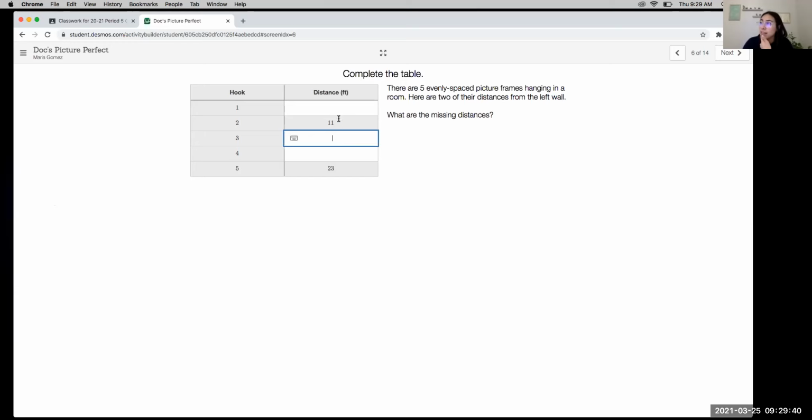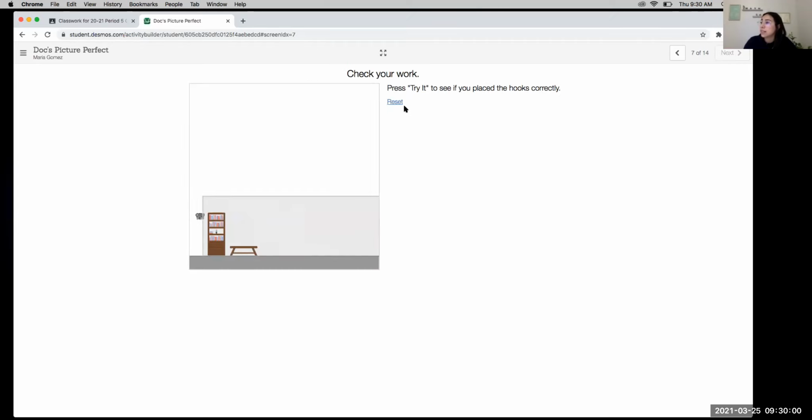All right, let's say I'm going to try those 2s. Actually, I'm going to go up by 3 since I already tried 2s and they didn't work. So 11 plus 3 is 14. 14 plus 3 is 17, but 17 plus 3 doesn't get to 23, so that doesn't work. But if you weren't really paying attention to that, you're just trying numbers, that's fine too. You can fill this in and then go to next and click try it.